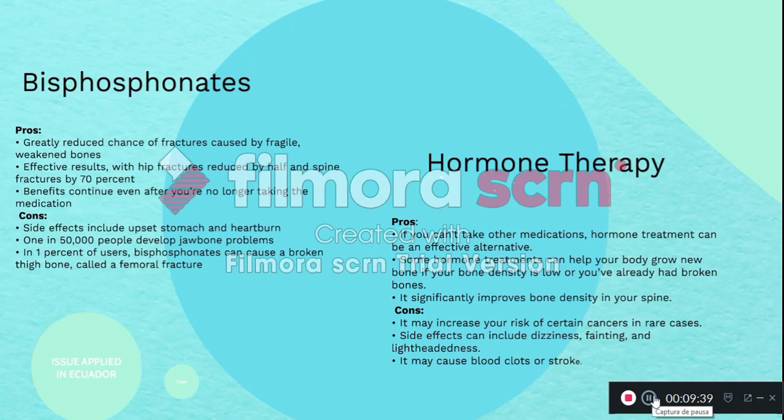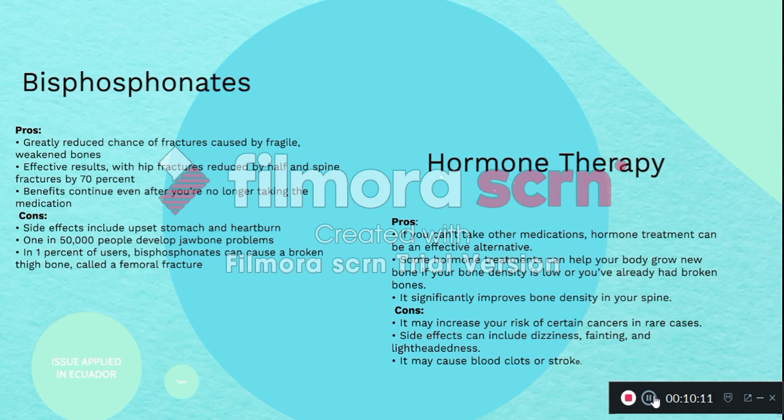Here we have 2 medications and we will see their pros and cons. Bisphosphonate. The pros are a greatly reduced chance of fractures caused by fragile, weakened bones, and an effective result, with hip fracture reduced by half and spine fracture by 17%, and the benefit continues even after you're no longer taking the medication.